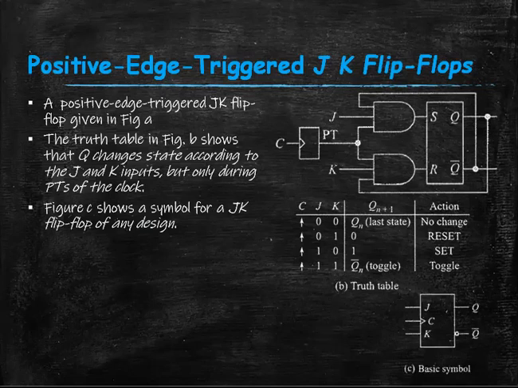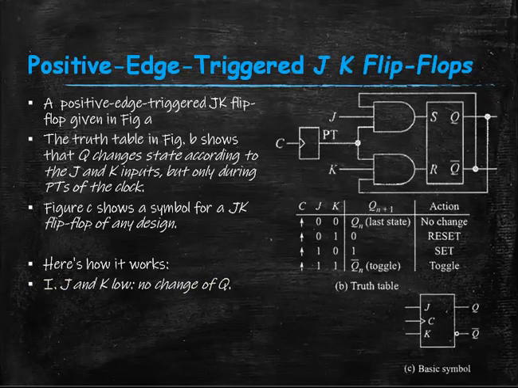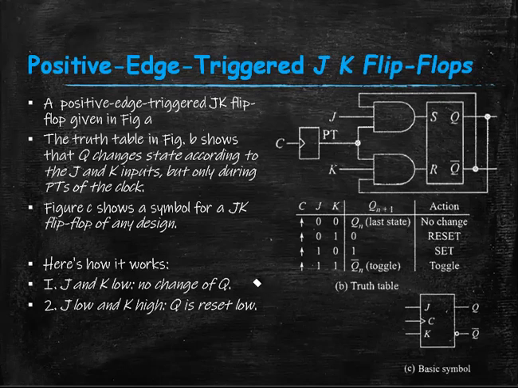It is the basic symbol for a positive edge trigger JK flip-flop. The operation of the JK flip-flop can be summarized this way: when J and K are low, no change of Q, Q is the last state.